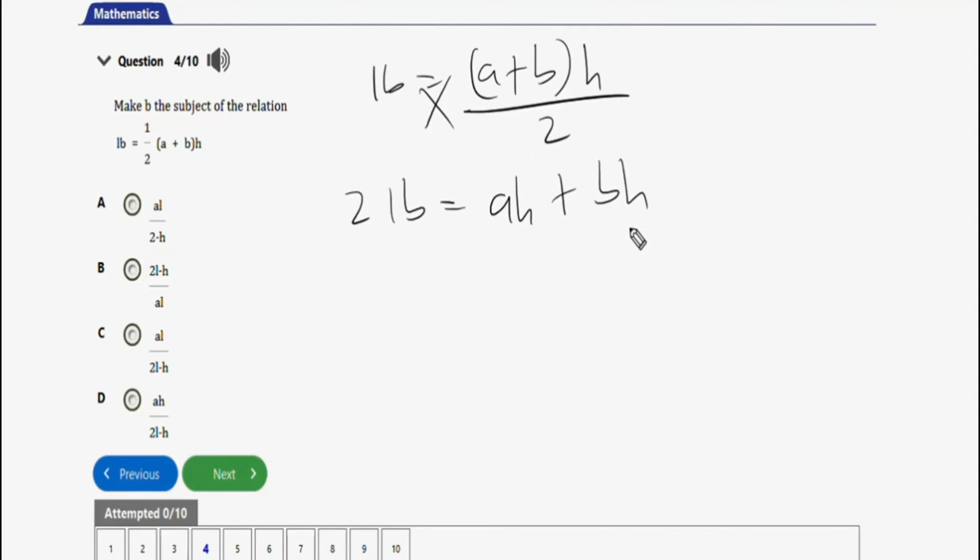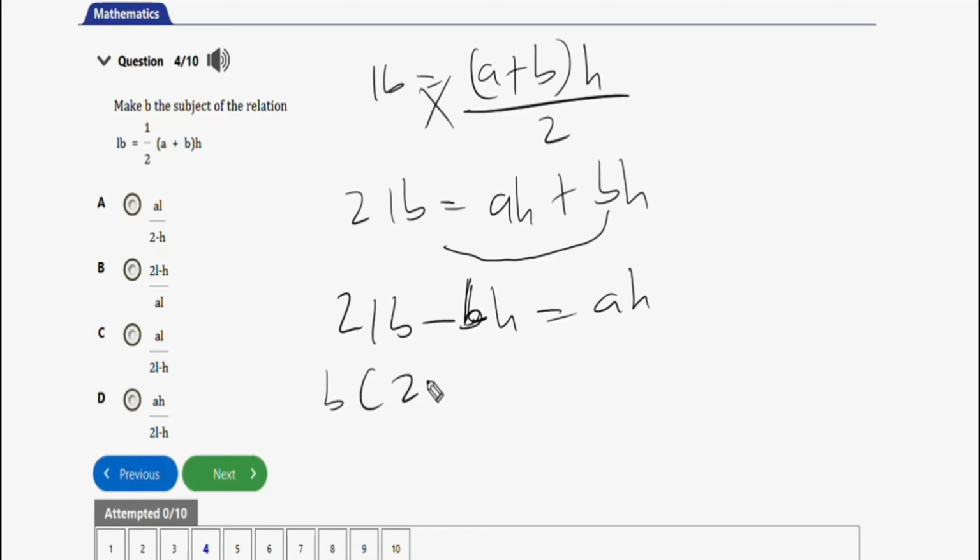We have to make B the subject of the formula. To do that, this BH will cross over to this side and change sign, so we have 2IB minus BH, this is B, guys, equals AH. Factorize, and you have B in brackets, 2I minus H, equals AH.